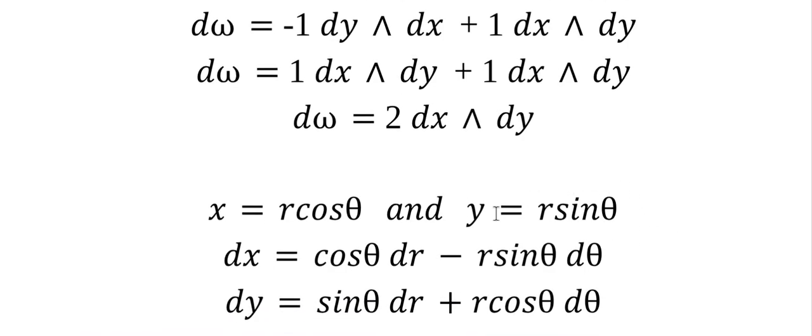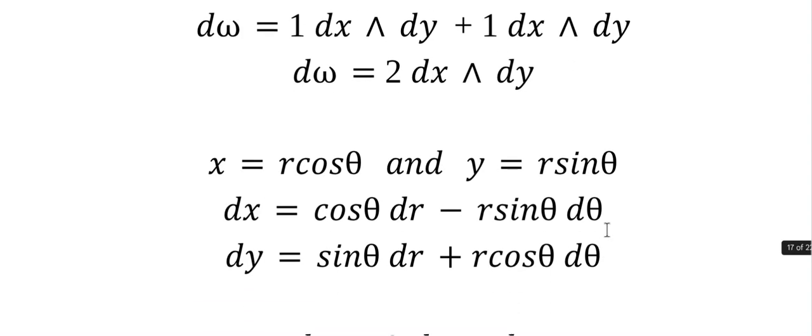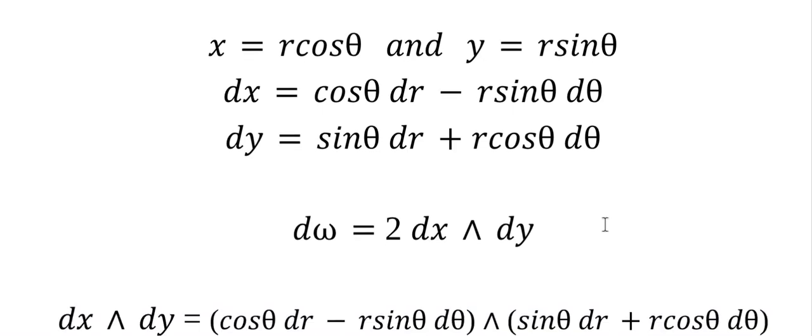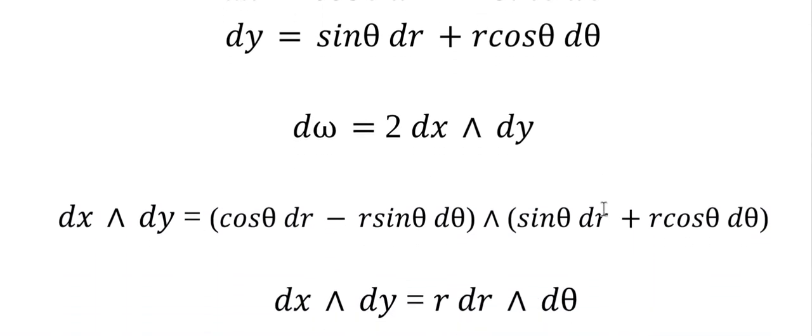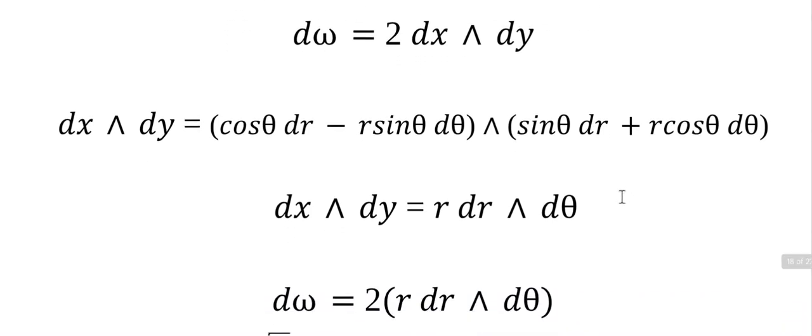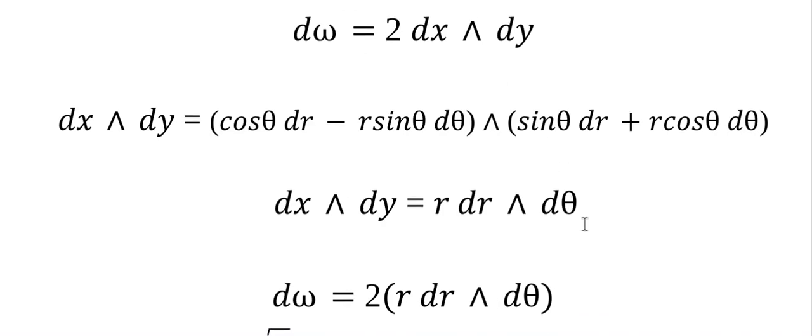Here we take the derivative of y with respect to r, derivative of y with respect to theta. Okay, we plug those back into our 2 form, and we get r dr wedge d theta. Okay, now we put that back into our 2 form, which has a 2 here. So here's our entire equation.